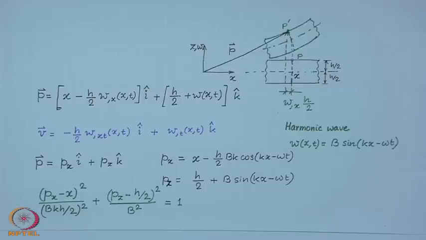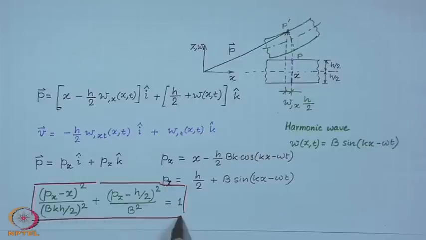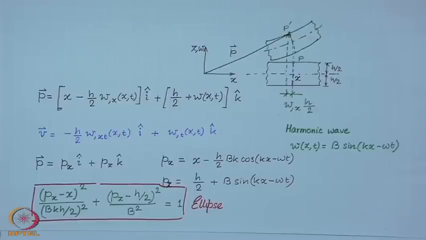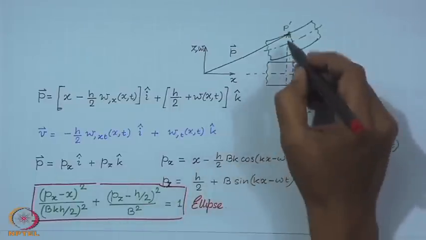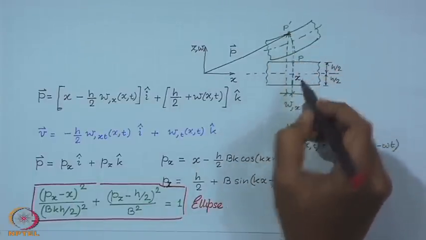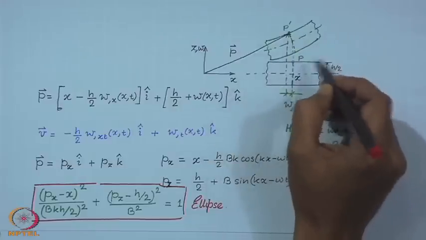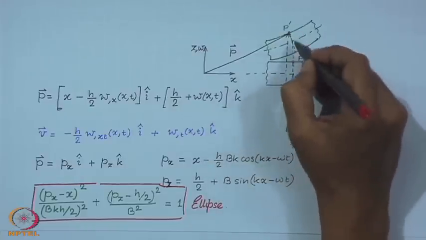This is nothing but the equation of an ellipse, which means that this point P actually traces out an ellipse.